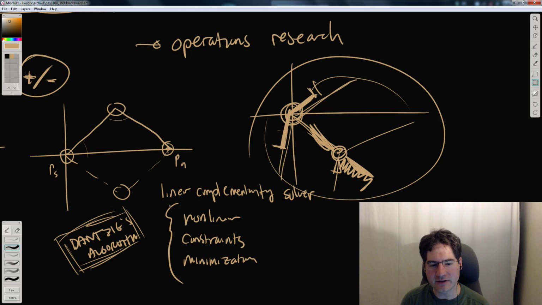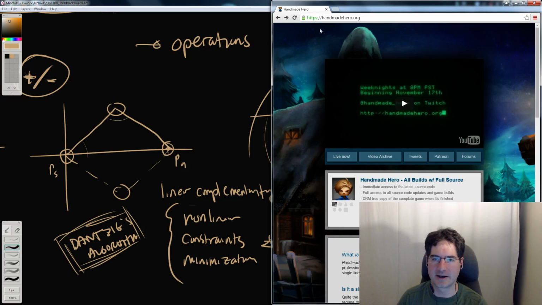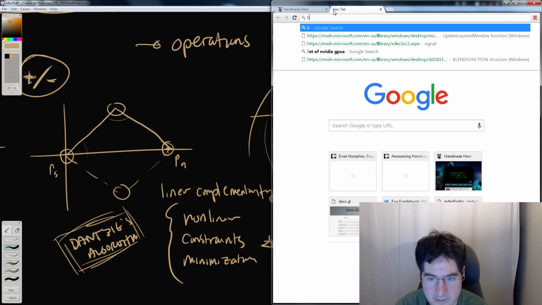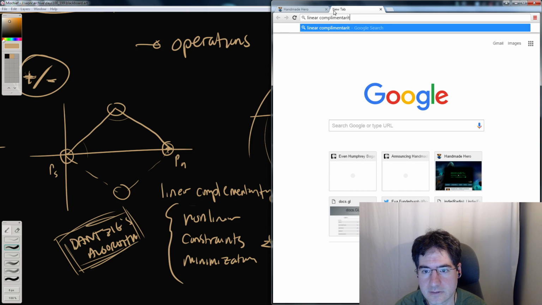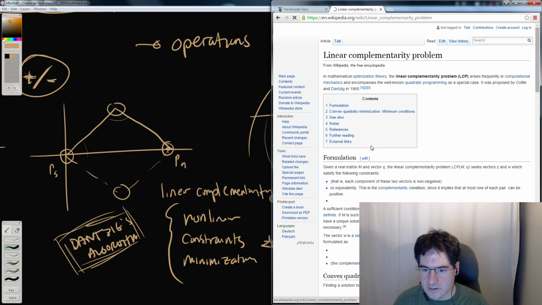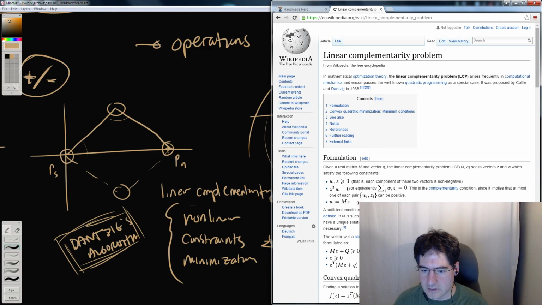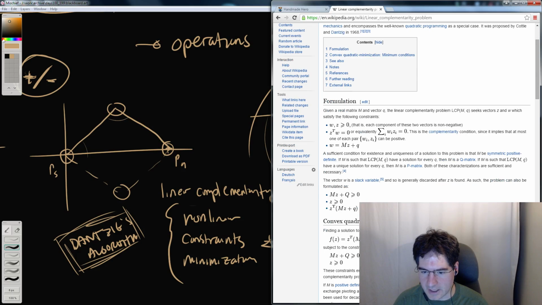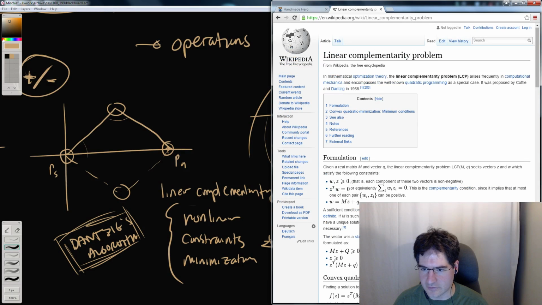So I believe a linear complementarity solver is the one that does all these things. And they're very complicated. Let me see if I remember that. Yes, I think this is it.